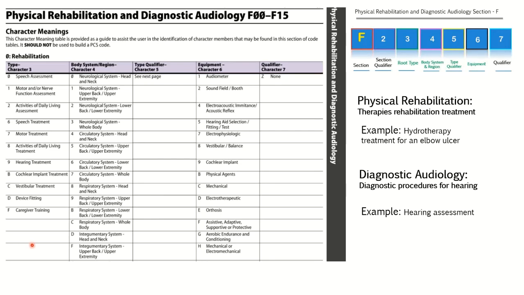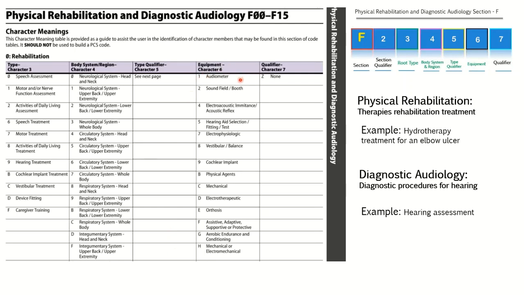Section qualifier, no, this is the root type. And then you've got your body system or region, and it's pretty self-explanatory. And then you've got your qualifier character, and this is on the next page. So there are tons of them. And then we've got our equipment.